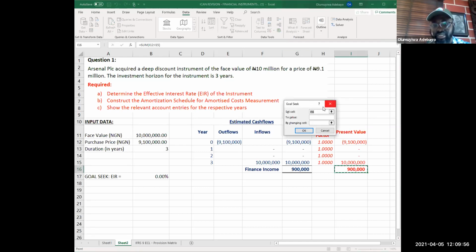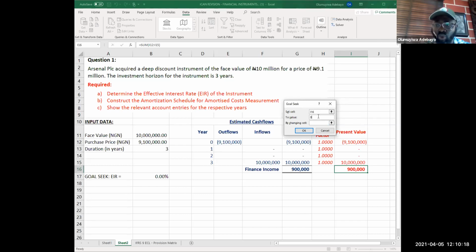I click Goal Seek. It shows me that, okay, this is the goal I'm trying to achieve. But the question is, I'm not achieving 900. What I need to set my parameter to is to arrive at 0. Therefore, substitute this 900 for 0.